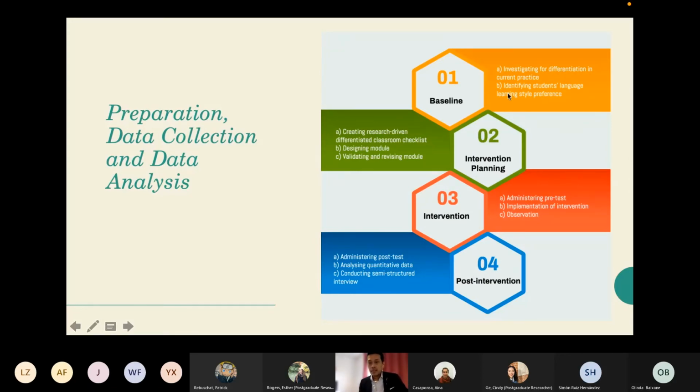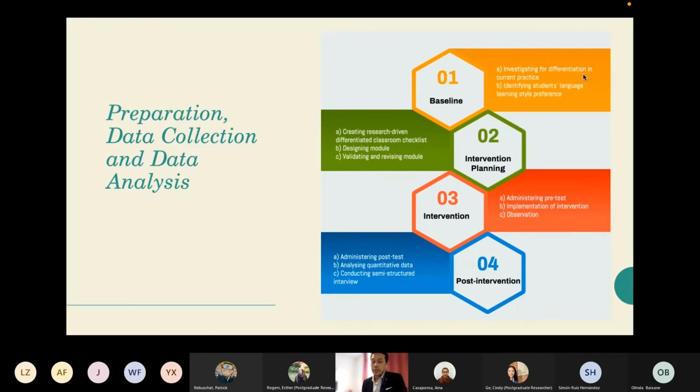Now, this is what I did in the baseline phase. I investigated for differentiation in the teacher's current practice. I recorded some lessons, and I analyzed them to make sure that the teacher had not already differentiated, because if he had already been differentiating his lessons, this research would take a different form.